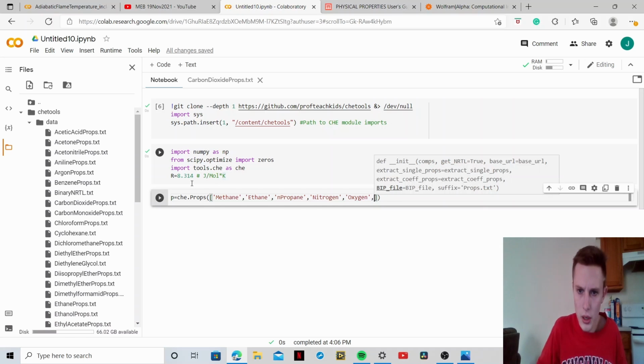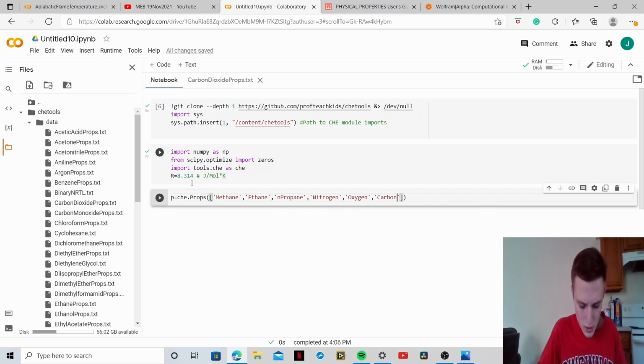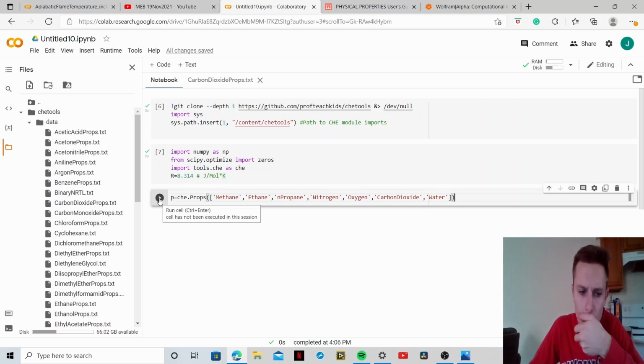And then we're going to call in next carbon dioxide. Carbon dioxide, make sure I spell these correctly. And then lastly, we're going to call in water. Make sure that's capitalized. All right. So I believe I have everything here.